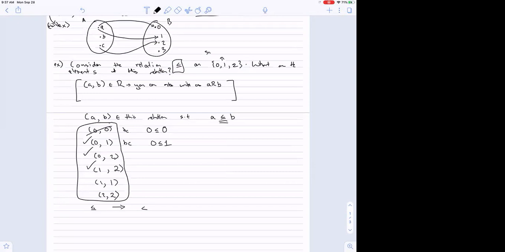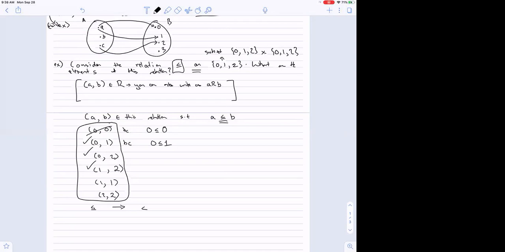This relation should be a subset of 0, 1, 2 cross itself, because it says on, which is when you have just the set crossed with itself. As you can see, all the elements of this relation are pairs of elements from the set, so it is a subset of the Cartesian product of the set with itself.